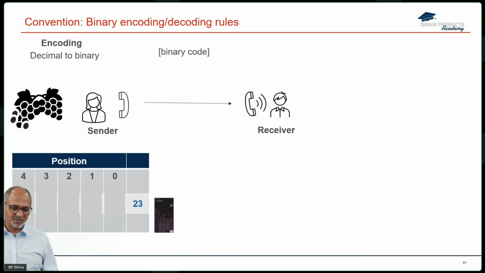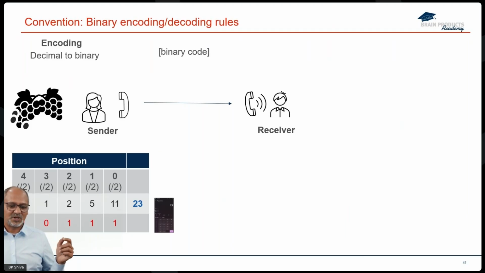Any normal calculator can solve this. For example, the typical Windows or Mac calculator: you usually divide the number 23 repeatedly by 2 and collect all the remainders. So, for example, 23 divided by 2 is 11 with the remainder 1. 11 divided by 2 is 5 with the remainder 1, and you collect all of these remainders.